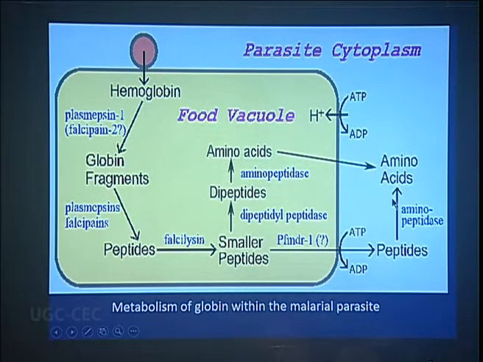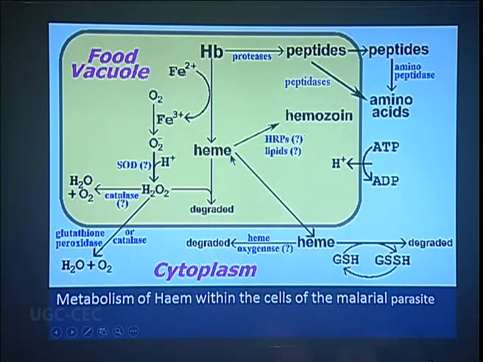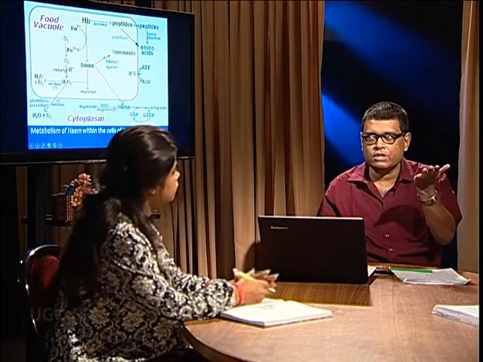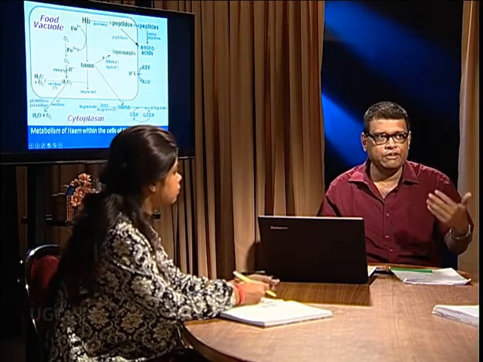At the same time, there is the heme protein, which on one side produces heme and on the other side produces peptides, and it also produces a waste product. This waste product, hemozoin, is deposited in the blood, and that hemozoin is toxic for us, so the body temperature goes up, and that results in chills and fever in humans.